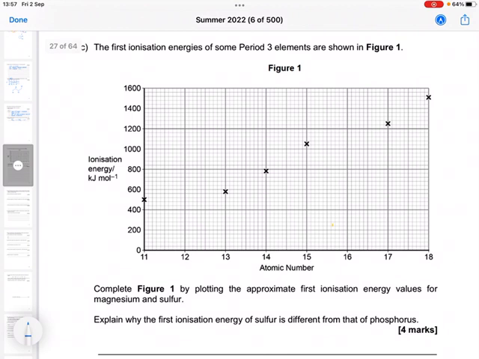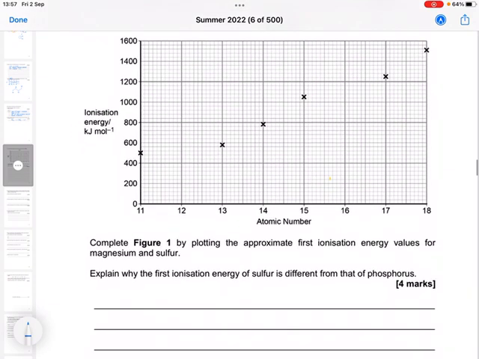Part C, first ionisation energies of some period 3 elements are shown in figure 1. Complete figure 1 by plotting the approximate first ionisation energy for magnesium, that's this one here, and sulfur, which is this one here. So let's start with that one.